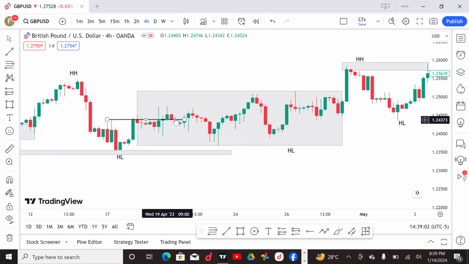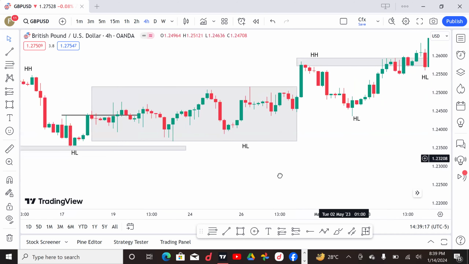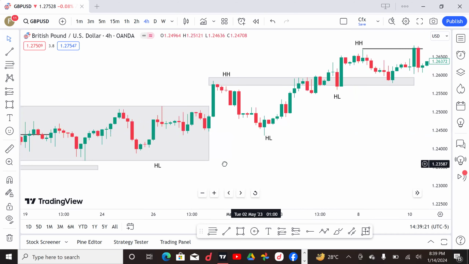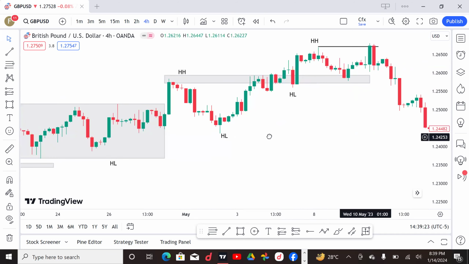Price took it from this zone. You can see price swept it from this zone, telling me I want to go up. I want to go up, but this is a consolidating market. This is a ranging or choppy market. So what you have to do, just be patient. You know this is a market telling you I want to go up. You just have to be patient to let it play, let it do its will.